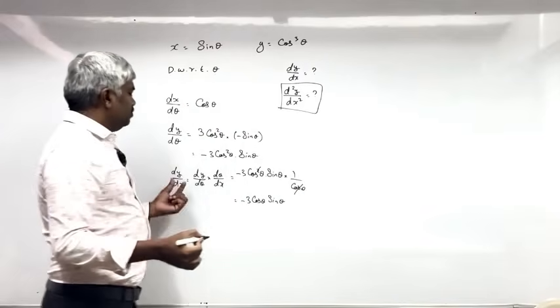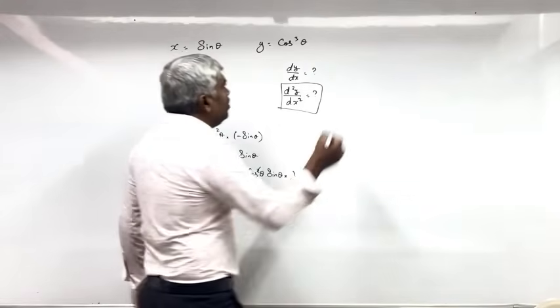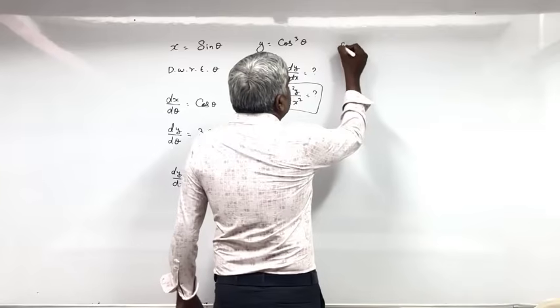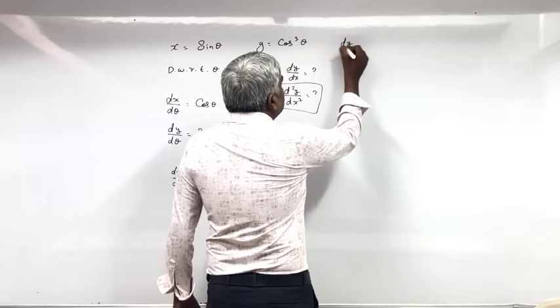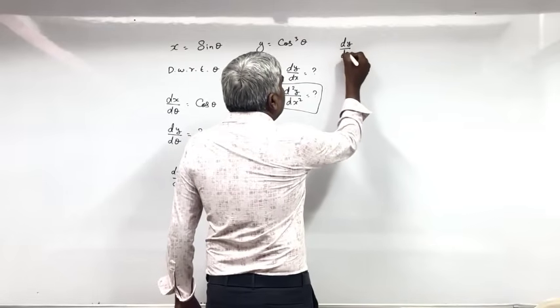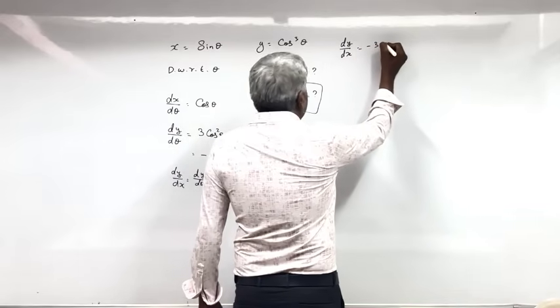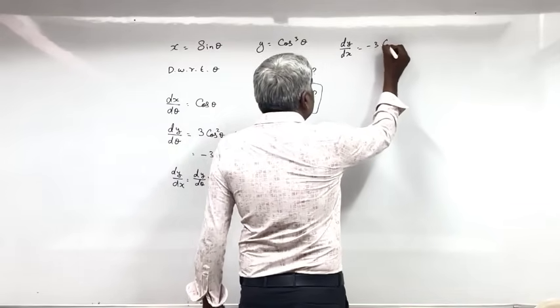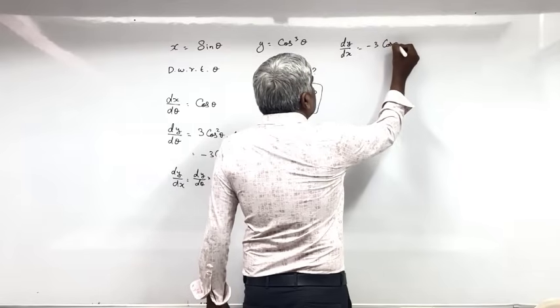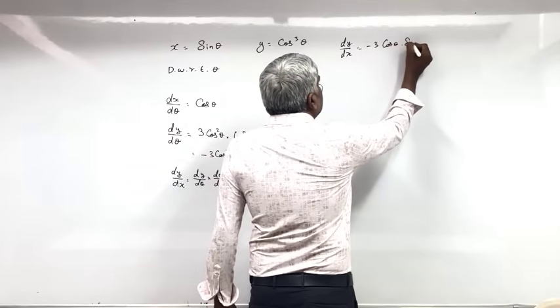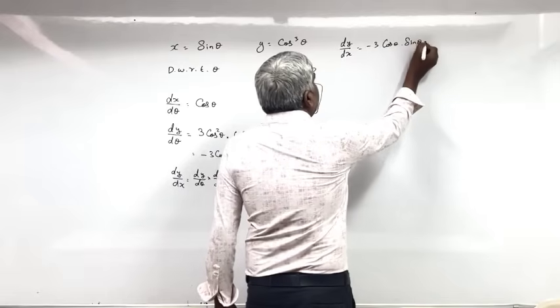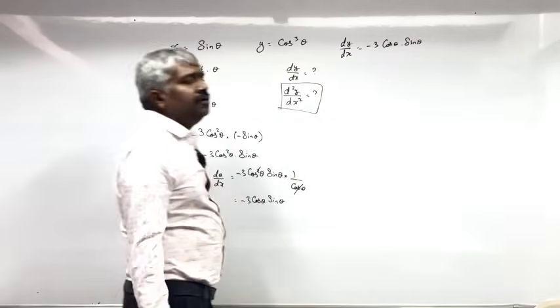Now my term is dy by dx equal to minus 3 cos theta into sin theta. Right?